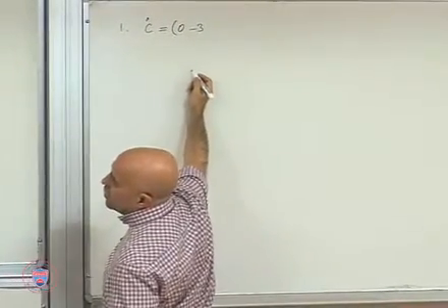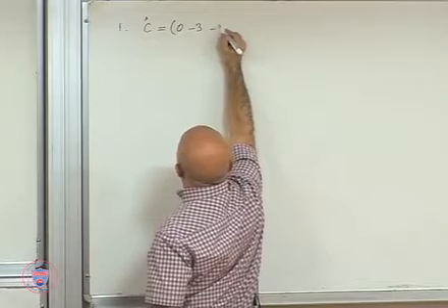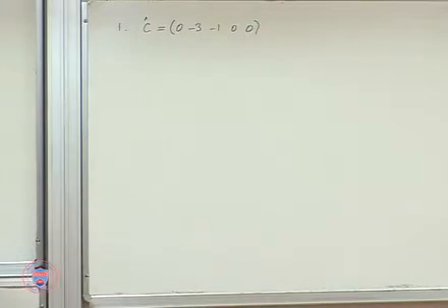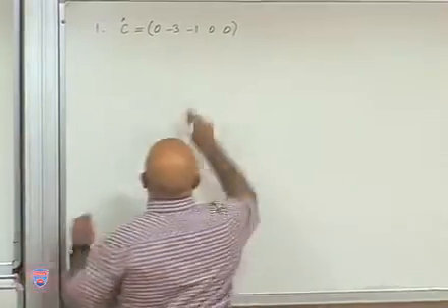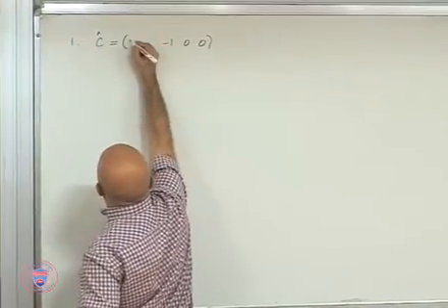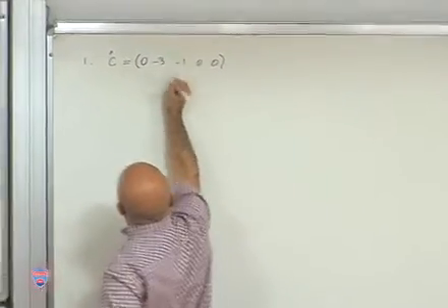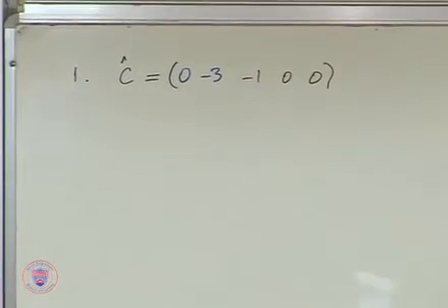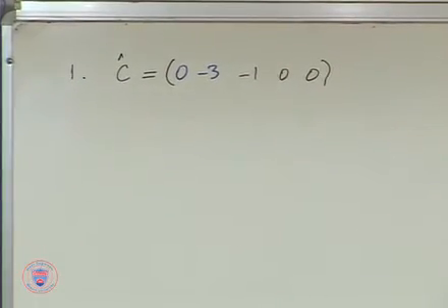The other ones don't change, -1, 0, 0. So maybe I'm going to put them in a different color because those are the ones that have changed. Okay? You should always keep the old data in mind, of course.